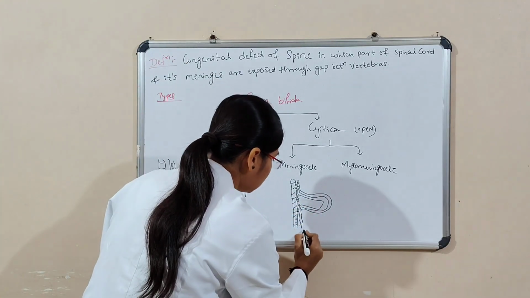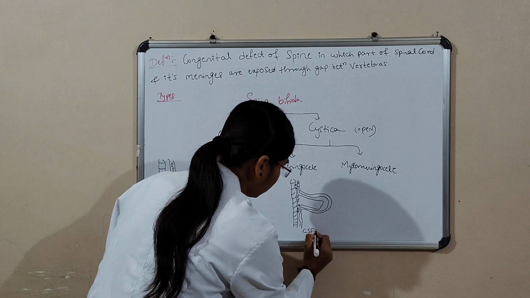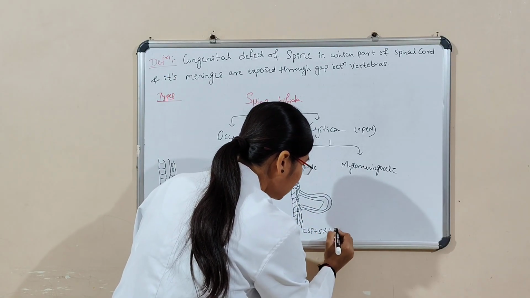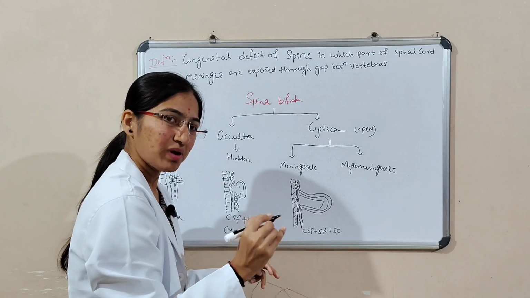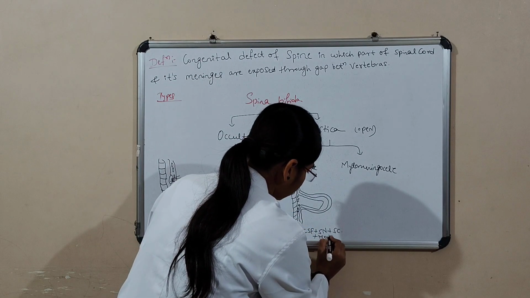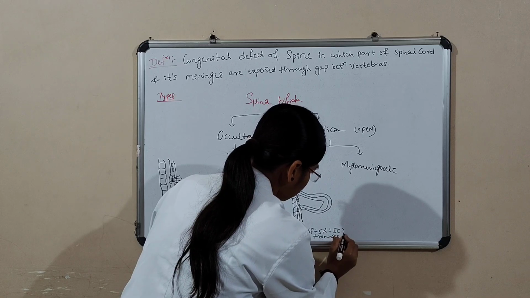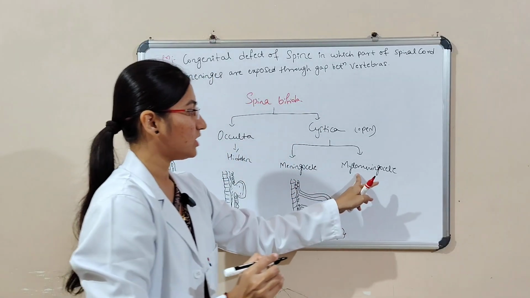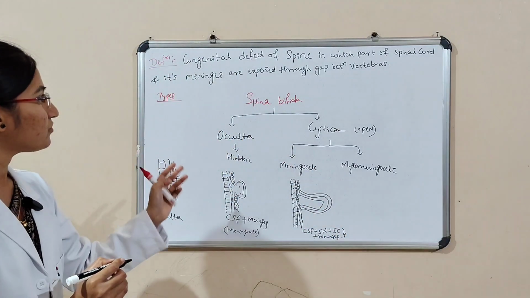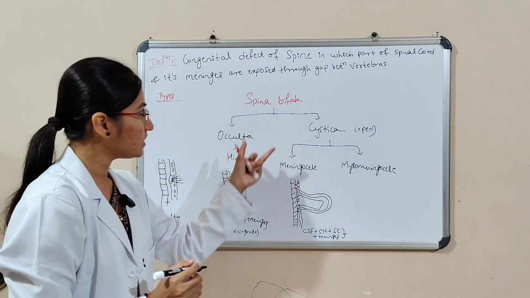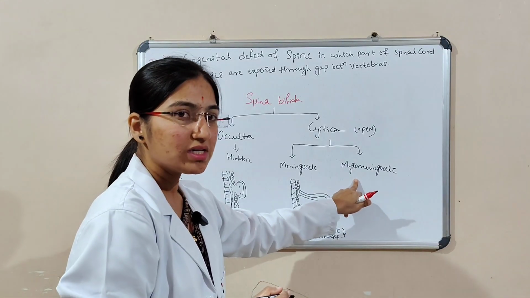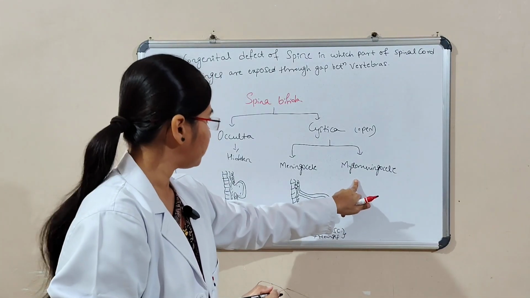Here CSF is there, spinal nerve is there, spinal cord is there, and plus meninges. This kind will be present here. That's what is myelomeningocele. These are the types of Spina bifida. In Spina bifida, the most dangerous one is myelomeningocele.